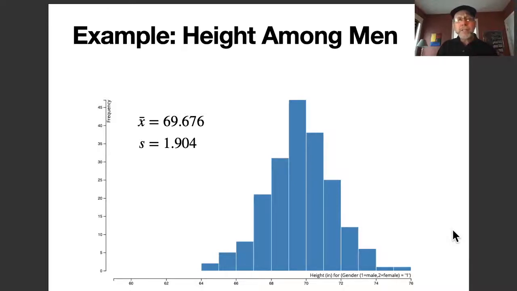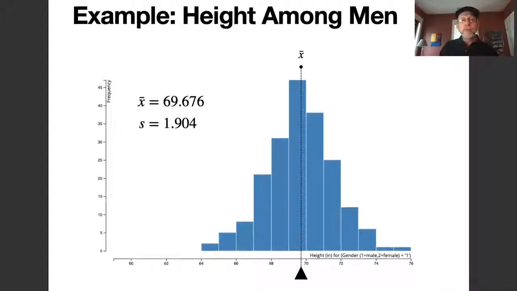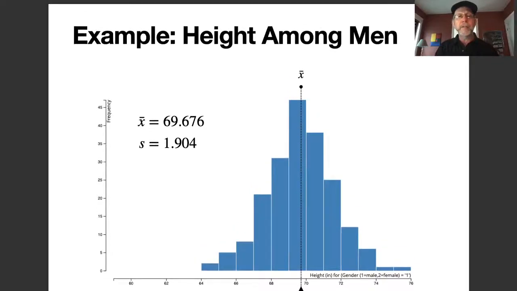Now, to see this graphically, you can put a balance, a fulcrum at the mean there of 69.7, and I've done that. And then I just drew a vertical line above that to put my X bar on top of the histogram just so we could see it a little easier.